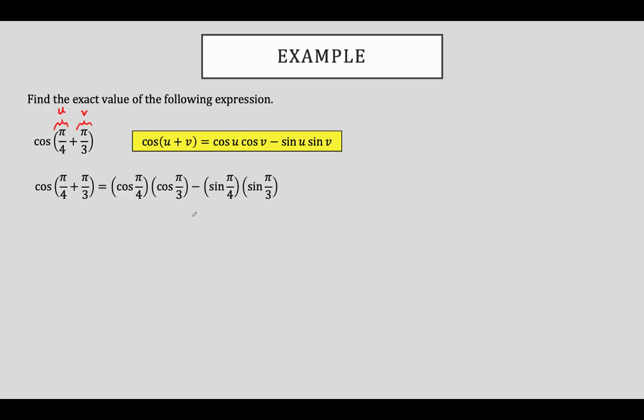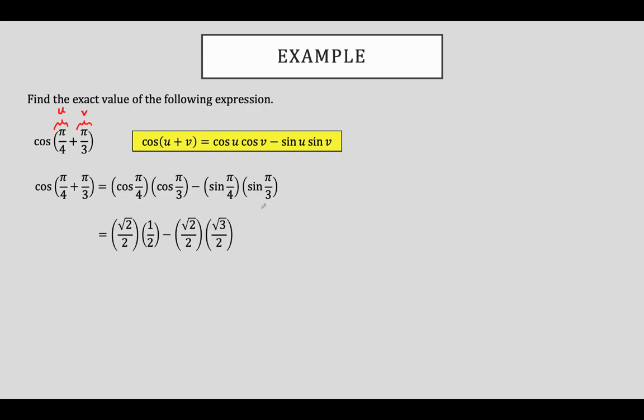And the good news is each of these angles is on the unit circle, and we know what the value of each trigonometric quantity is. The cosine of pi over 4, that's root 2 over 2. The cosine of pi over 3, that's 1/2, minus root 2 over 2 times root 3 over 2. We know each one of those quantities. Root 2 over 2 times 1/2 minus root 2 over 2 times root 3 over 2.